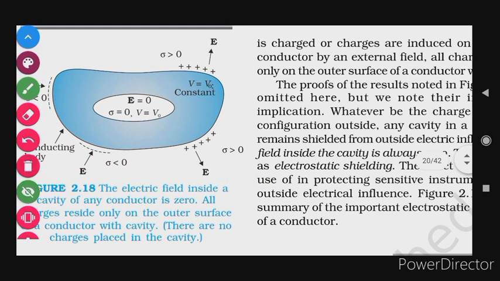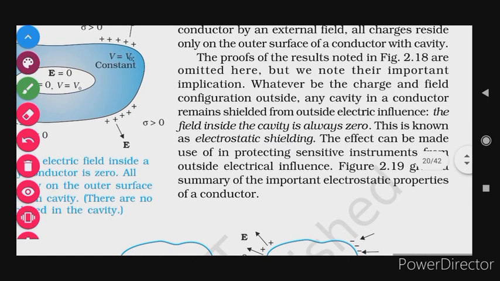So what we can do is, a very sensitive device which can be affected by an electric field, we can put it inside a conductor with a cavity, and it will be unaffected by the electric field. Similarly, a situation is there when there are chances that lightning can strike at a place.